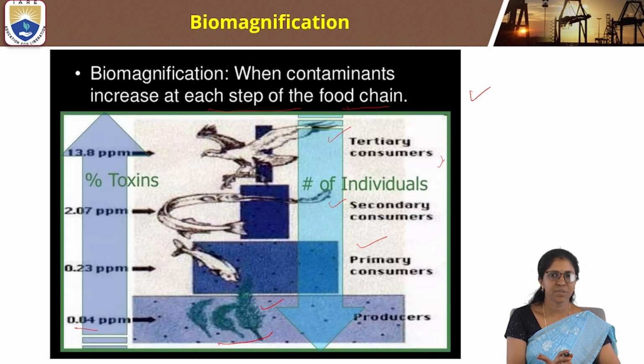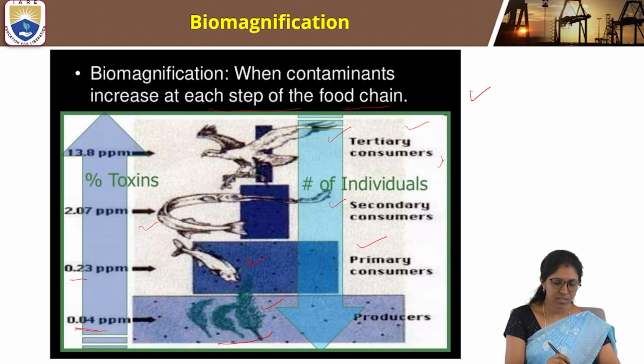For primary consumers, it is 0.23 ppm. As these primary consumers are consumed by secondary consumers, the concentration of toxins in secondary consumers is 2.07 ppm. Whereas for tertiary consumers, the contaminant concentration is 13.8 ppm.